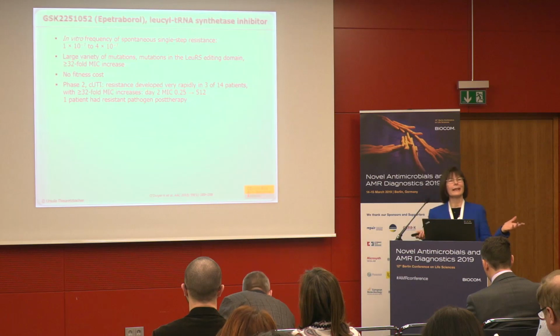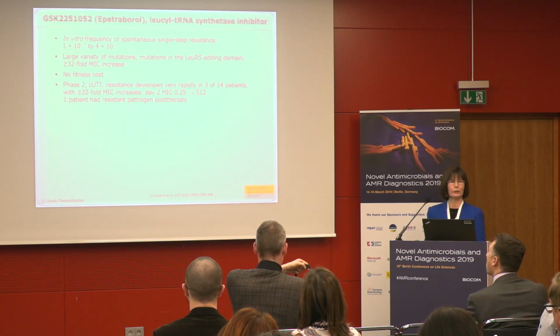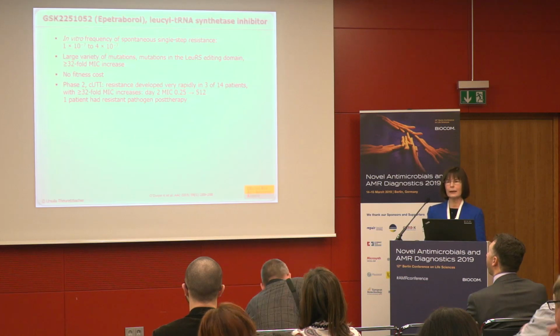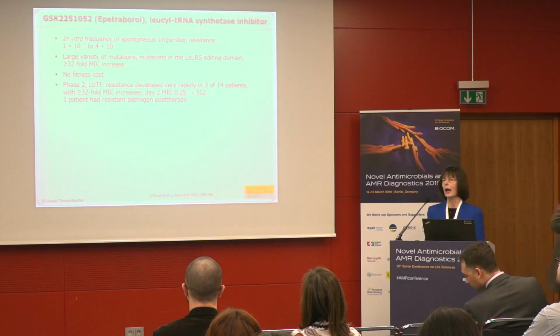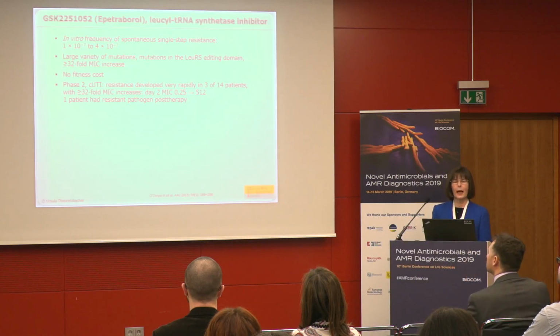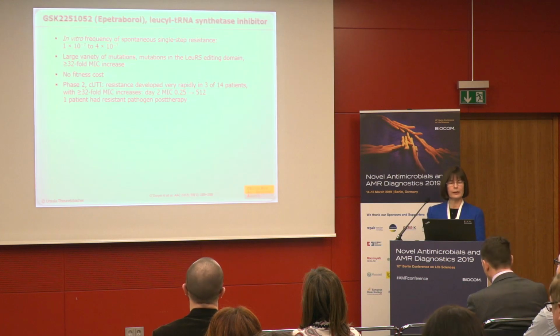Now, this example that you may know, this is the boron drug that was discovered by Anacor and then in-licensed by GSK, with an in vitro frequency of spontaneous single-step resistance of about 10 to minus 7.